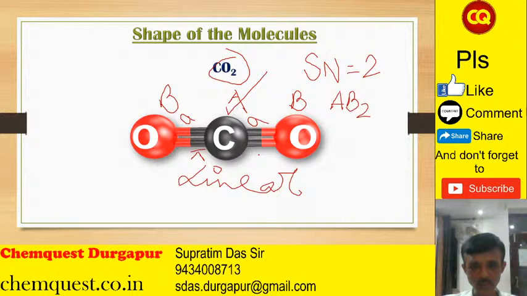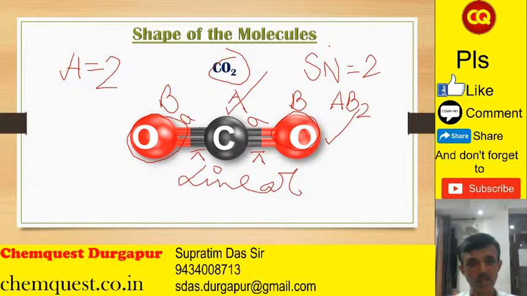One thing you have to remember: oxygen, acting as non-central atom, generally forms a double bond with the central atom. In this case, carbon is central and oxygen is non-central, so it forms a double bond. Then steric number value 2, without any lone pair, means lone pair equals 0.